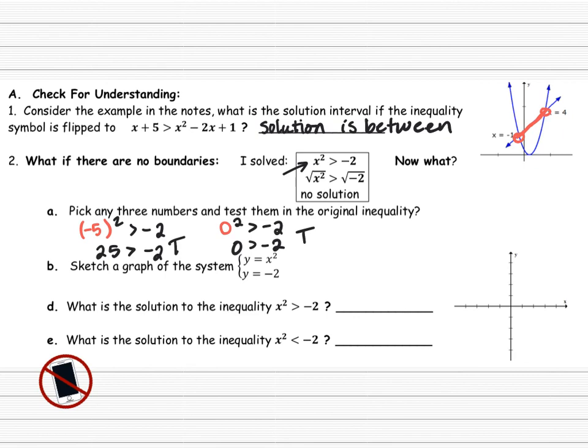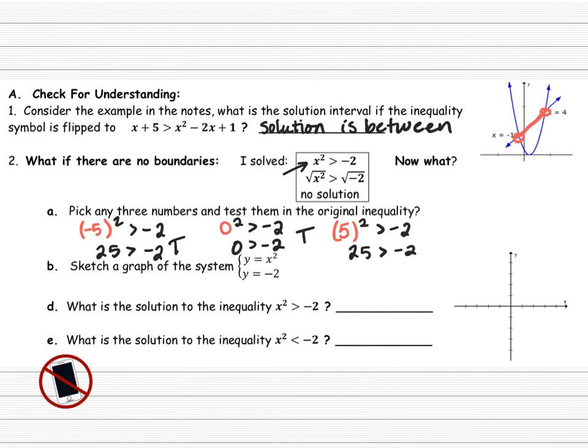And to pick another one, I'm going to do a +5. And this can be any number. I'm just using a very different, I want a positive, a 0, and a negative. 5 squared gives us 25, which is also greater than -2. So there's pretty much nothing that I can put into that particular inequality that won't work. So what we want to look at here is why does this happen this way?